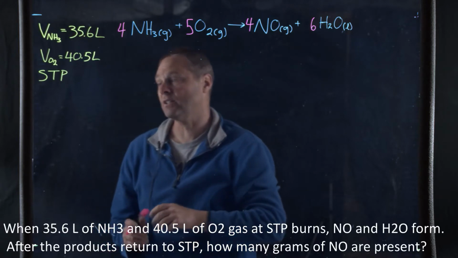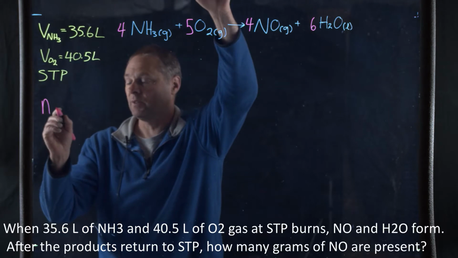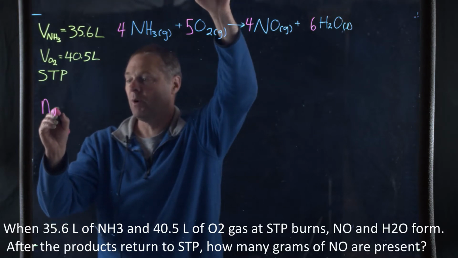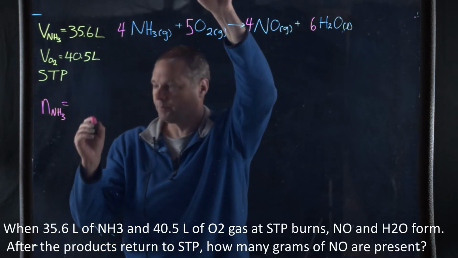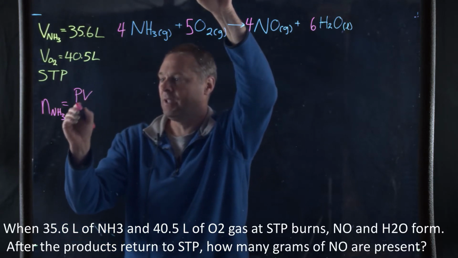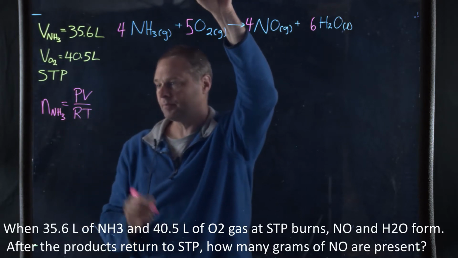And we're going to have to determine the number of moles for each, ammonia as well as oxygen, using the ideal gas law. So n, for the number of moles of ammonia, is going to be equal to PV all upon RT.